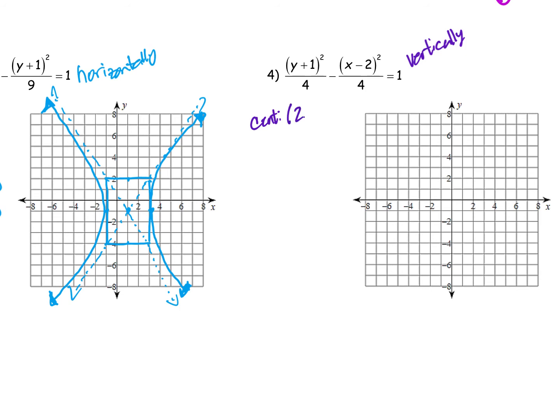Very good. So it's (2, -1). Awesome. And A and B are the same this time. So A equals 2 and B equals 2. Awesome. So remember the x coordinate is always with my x term and my y coordinate is always with my y term. So if the y comes first, I have to flip them. So I'm at (2, -1). And then I've got 2, 2, 2, and 2.